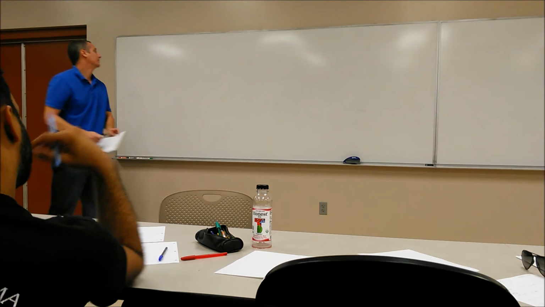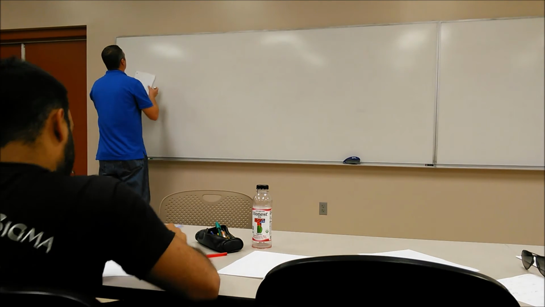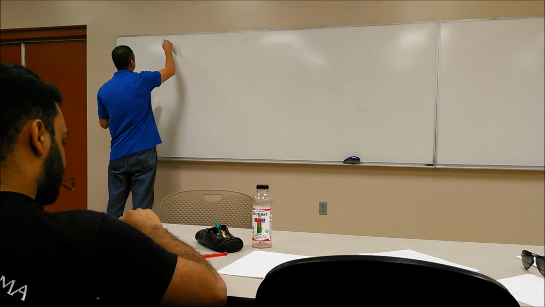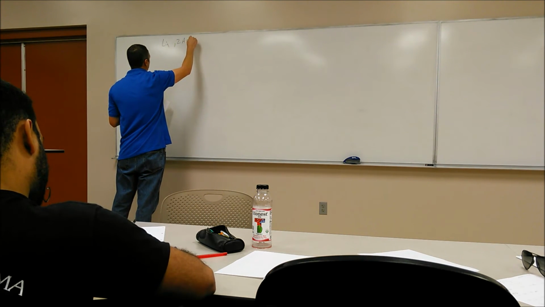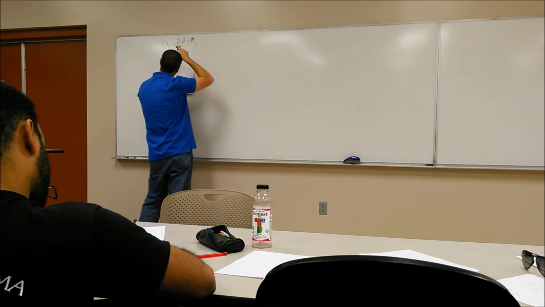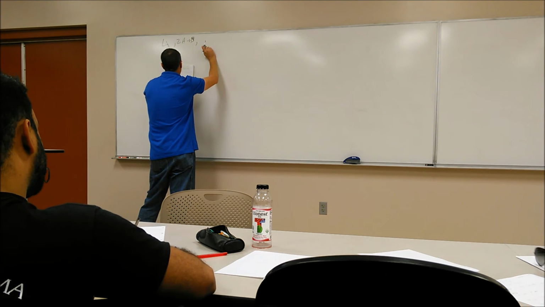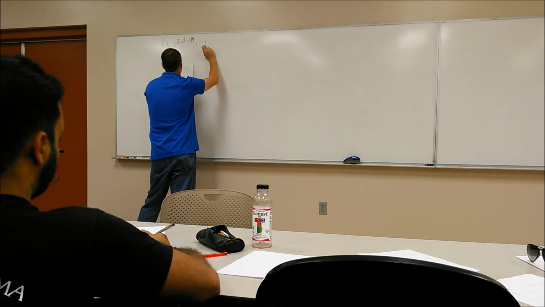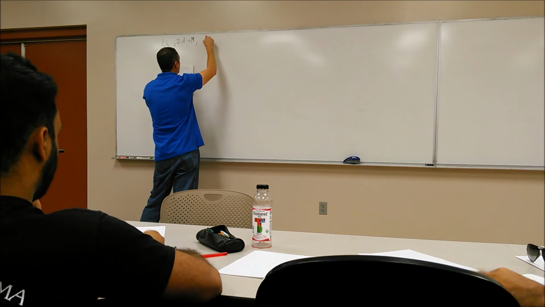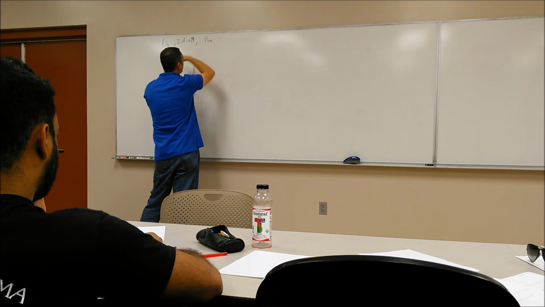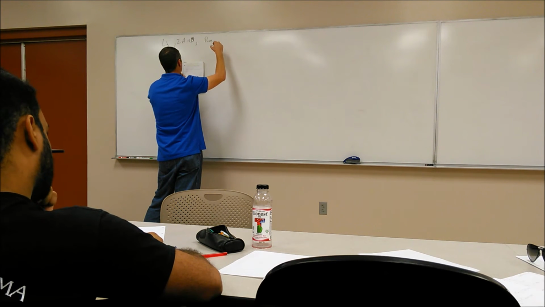Okay. This one, liquid phase. 2A goes to B. Uh-oh, why does it say that? Oh, okay, fine. What does it say in front of the 2A goes to B? LIQ for liquid phase.